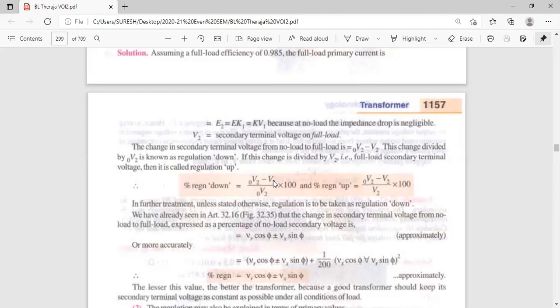Write down the next point. Full load voltage means the secondary winding is connected to load.